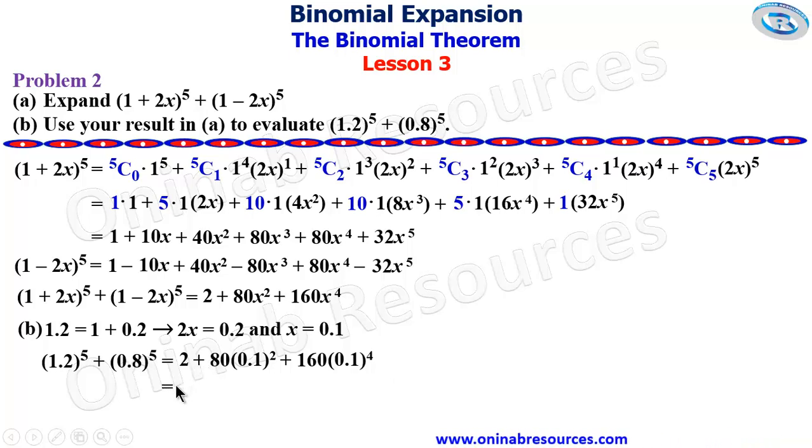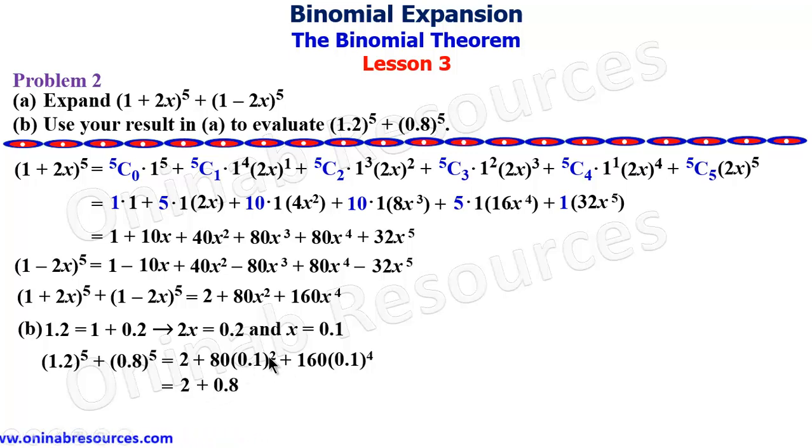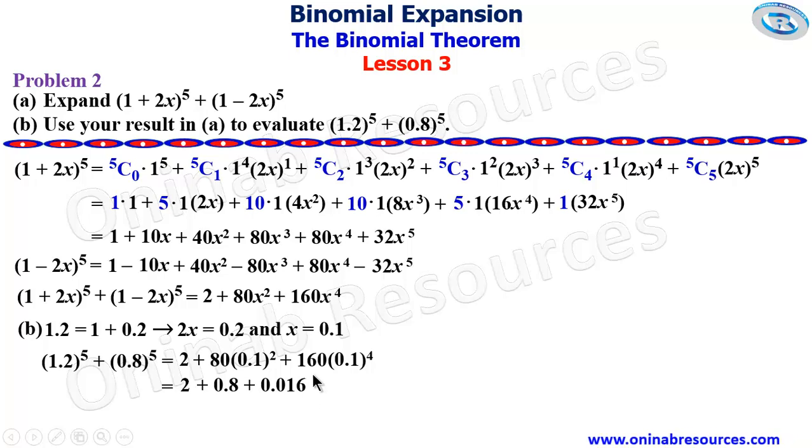So this will give me 2 and this will give me 0.8 because it's going to be 80 in 2 decimal places. This one is going to be 160 in 4 decimal places, so it's going to be plus 0.016. So summing this up, I have 2.816. We have successfully solved the problem in problem 2.